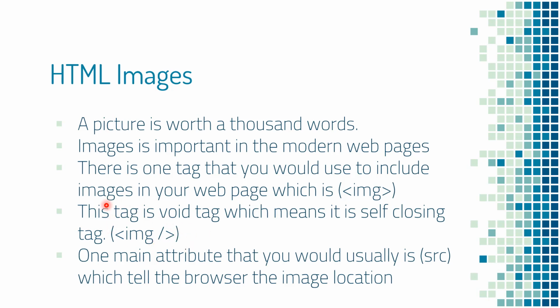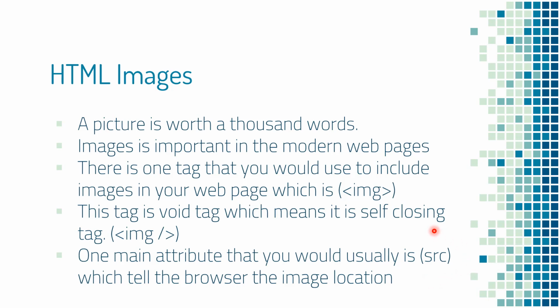For this tag to function in the right way, one main attribute should be included, which is src. So src is used to define what is the image that you wanted to include in your web page.